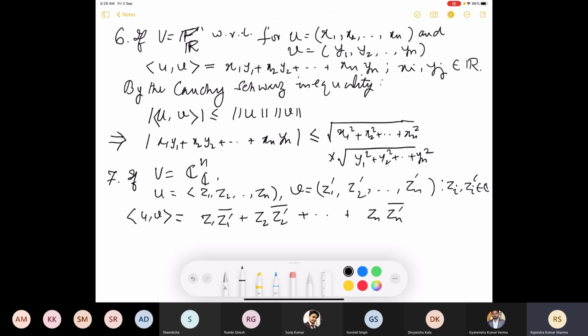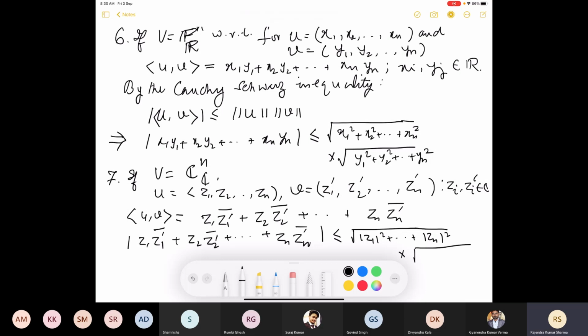And if you apply the Cauchy-Schwarz inequality, that means the modulus of the inner product, Z1 Z1 prime bar plus Z2 Z2 prime bar plus Zn Zn prime bar, modulus, is less or equal to the norm of this times the norm of V. The norm of this will be the square root of mod Z1 square plus mod Zn square, times the norm of V, which is the square root of mod Z1 prime square plus mod Zn prime square.